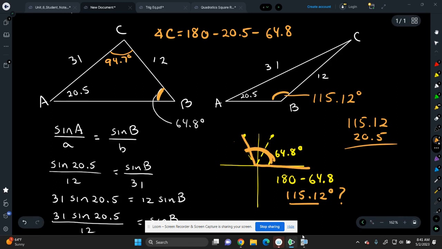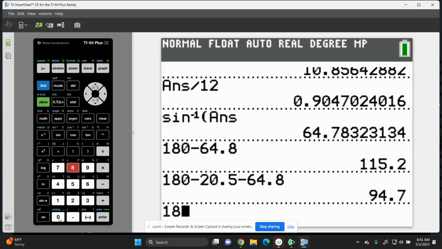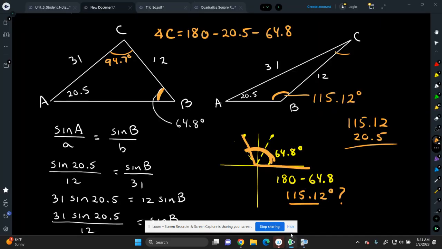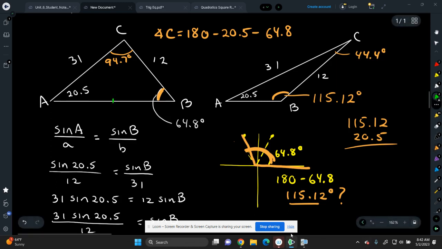But in the other triangle, angle C is going to be 180 minus 115.12 minus 20.5, which is 44.4 after rounding. So I have a different angle C, which means side C will be different in each triangle.